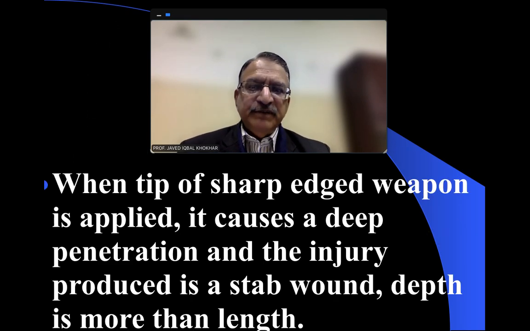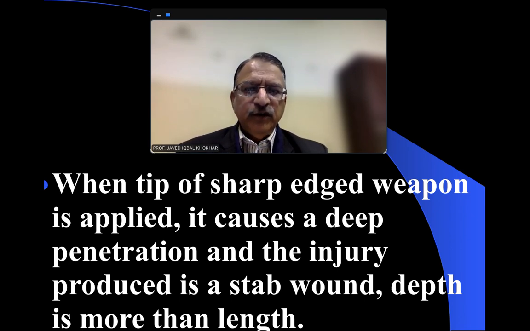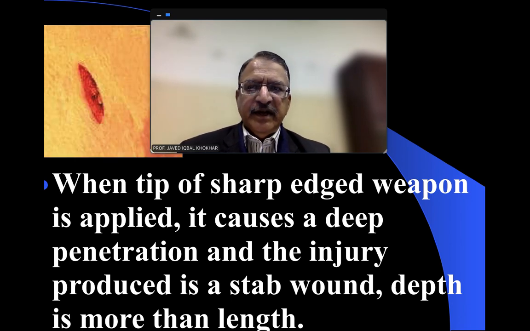When the tip is being used, that means you are thrusting the weapon into the body, and there will be deep penetration, and the injury will be deeper than its width. So that will be a stab wound or penetrating wound within the body.